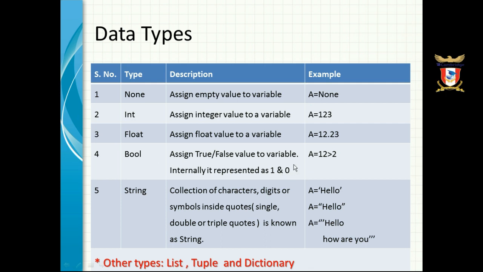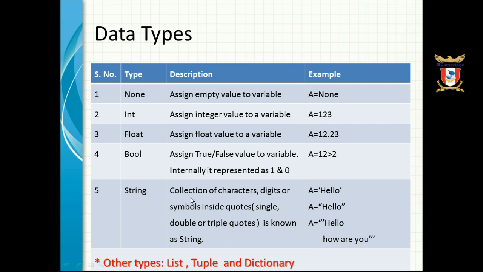This data type is used to perform logical operations, to store the result of some comparison or logical expression. In this expression, we assign the value of this comparison, this relational expression, to a. For example, if I write a equal to 12 greater than 2, this expression will return True. That means the value of a will be True.